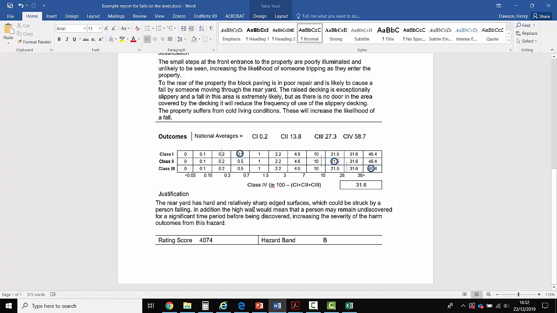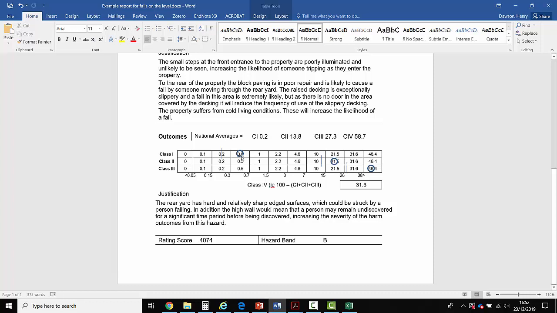And remember, we're talking about the over 60s here, rather than, for instance, a young child who is likely to get back up again very quickly after they've fallen down, because they haven't got as far to fall and they're not as fragile when they do fall. So I've increased it by 1 representative scale point.